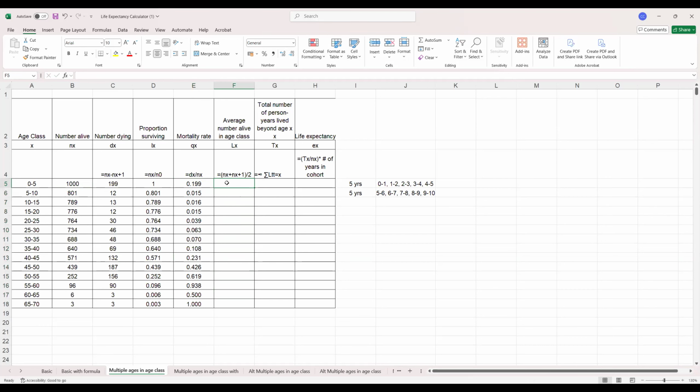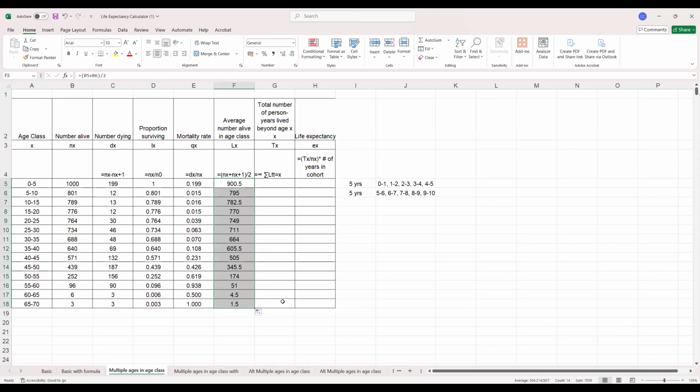L sub x is yung average ng number alive. So, 1,000 plus 801 divided by 2. Ito naman, 801 plus 789 divided by 2, and don't forget the parentheses. Paulit-ulit lang. So, again, pwedeng i-copy-paste or i-drag down.